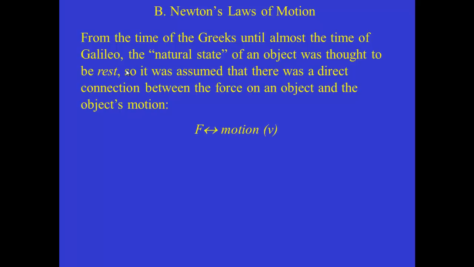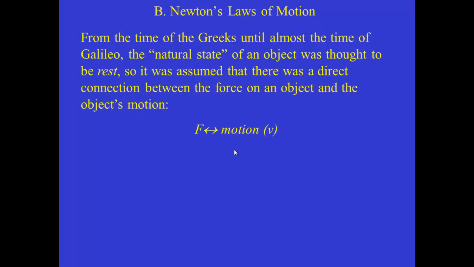In other words, they reasoned like this: if an object is moving, there must be a force acting on it, because else why would it move? If they had thought in terms of equations, the way that we do in our course, they would have tried to develop an equation between the force on an object and its motion, which is described quantitatively by its velocity.